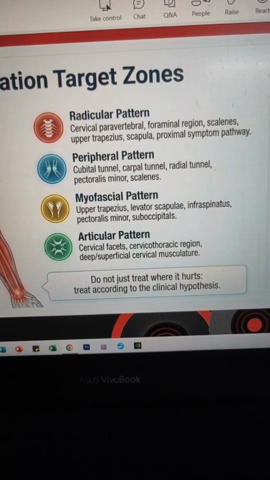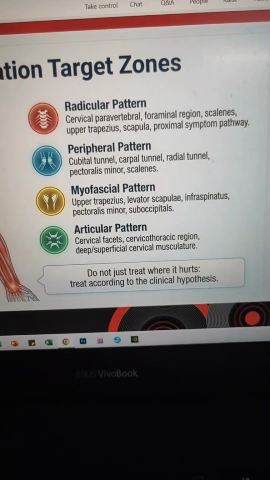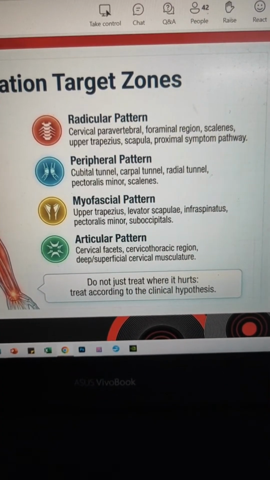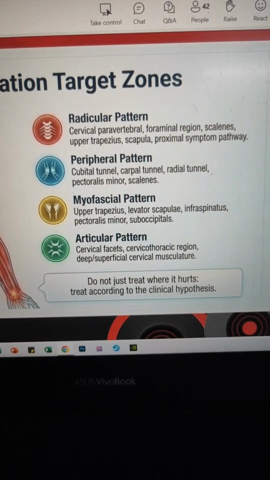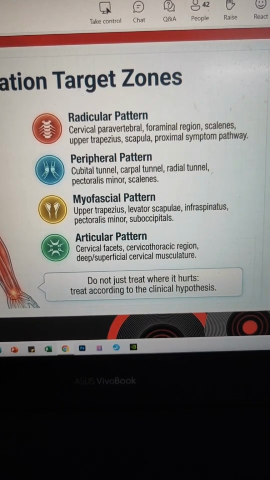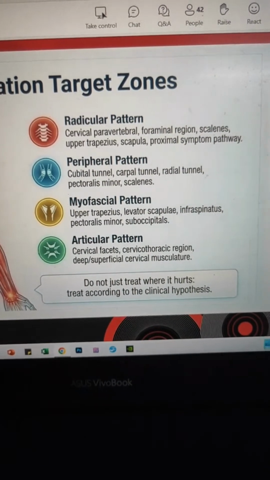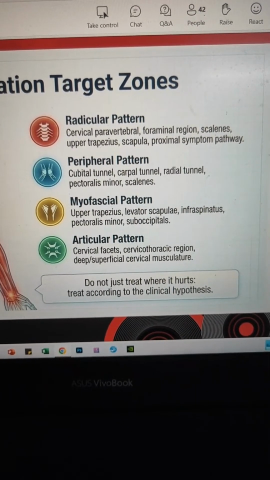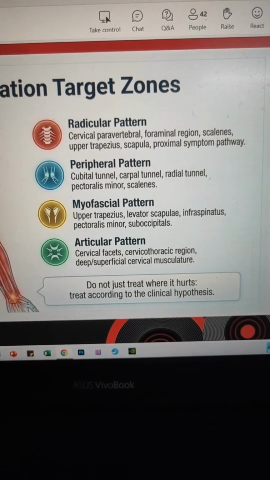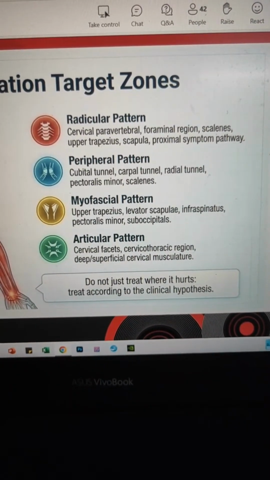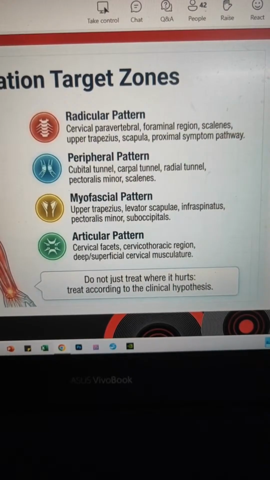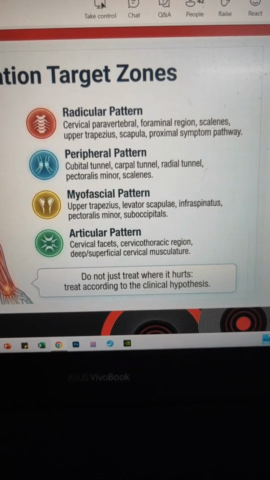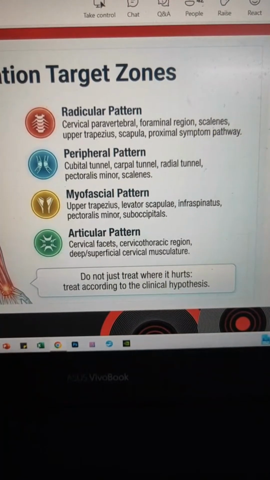In more peripheral patterns, the focus shifts more towards the neural interfaces, doesn't it? We can consider the cubital tunnel, carpal tunnel, and the entire clinical area involved.